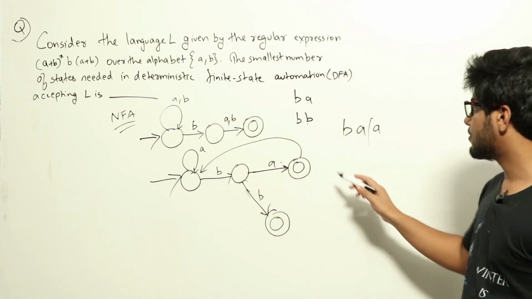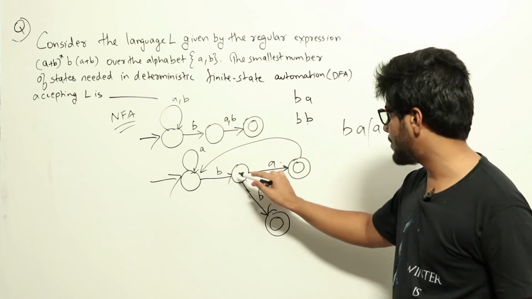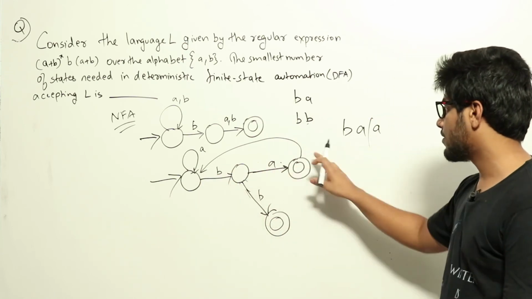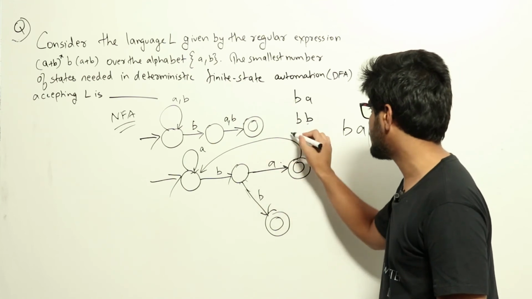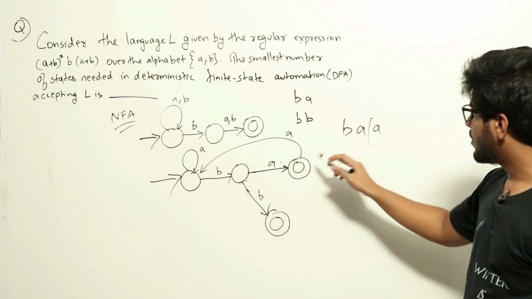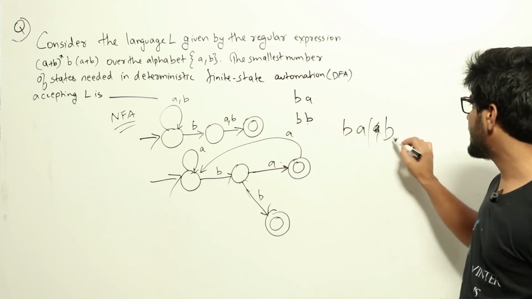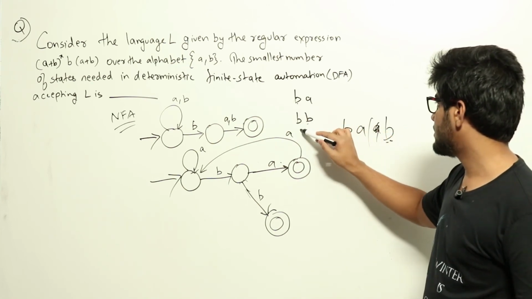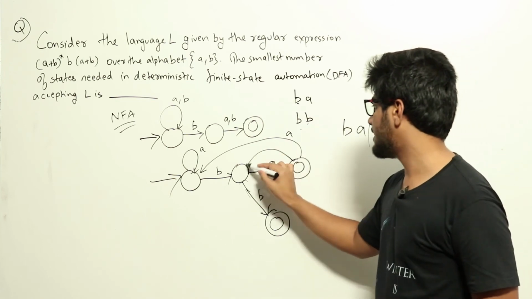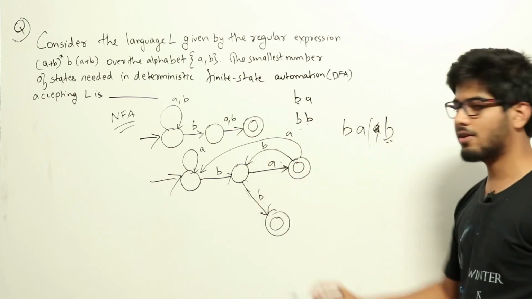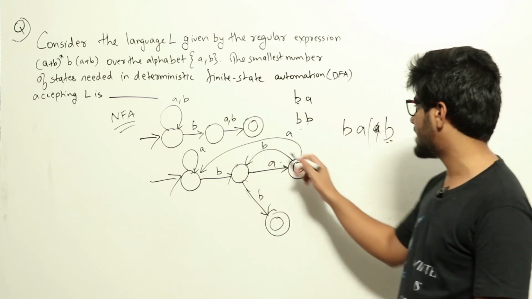It is AA, so I'll go to this state. Only after seeing one B and then an A or B can I go to any of the accepting states. This is the transition for A from this state. Now the transition for B is that if we have B, A, B, I can still go to this state, right? On seeing the next A or B, I can go to an accepting state. So this is the transition for B.